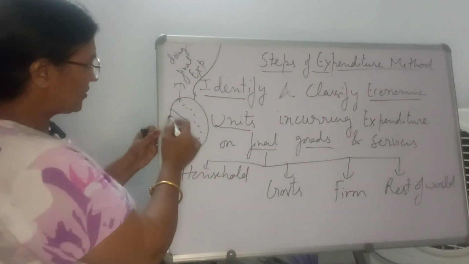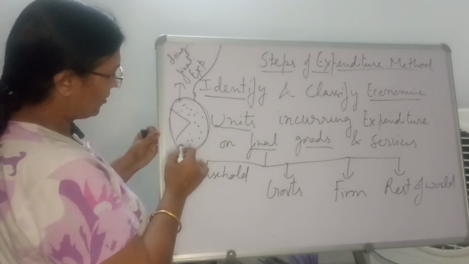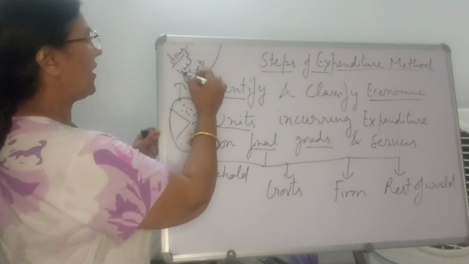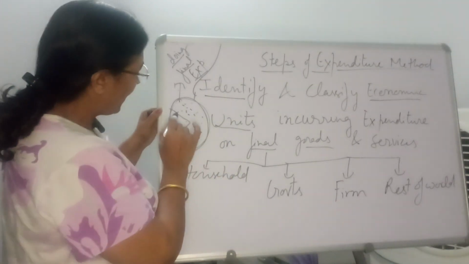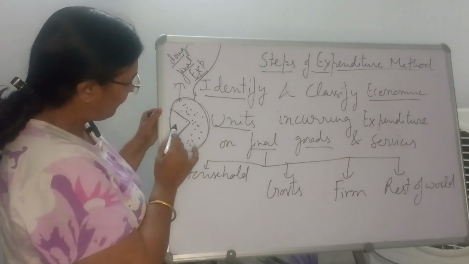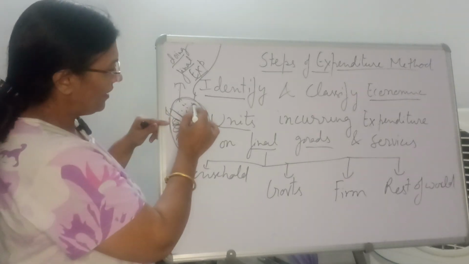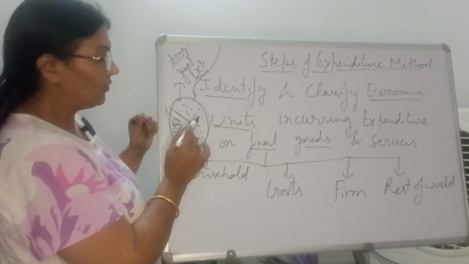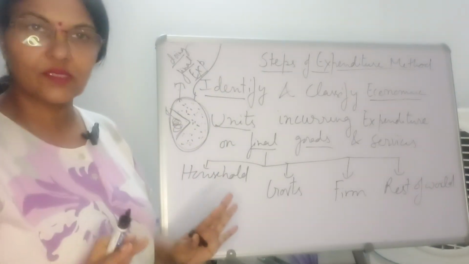If this is the population of India, these people, these are the economic units who are doing the expenditure on final goods and services. So first we have to make these units separate from this, because this is not concerned to us. We are concerned to these units only who are doing the expenditure on final goods and services.